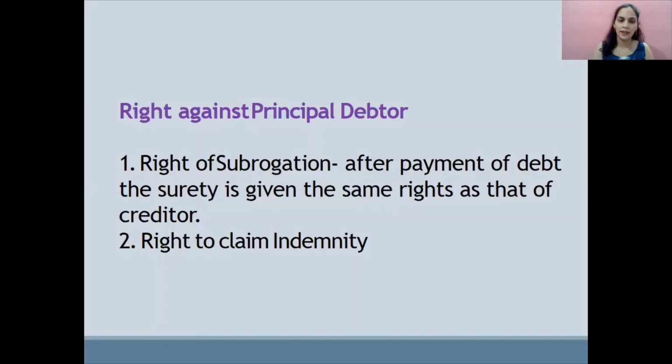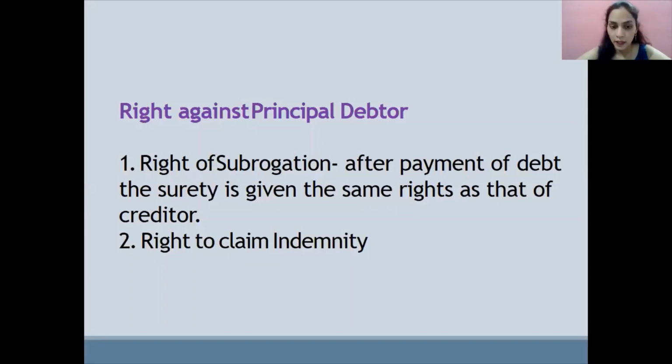Like for Mr. A, X has given the assurance of making payment to B. So now after making the payment of rupees 1 lakh to Mr. B by X, automatically that amount of 1 lakh rupees will be a debt given by the surety to the debtor.